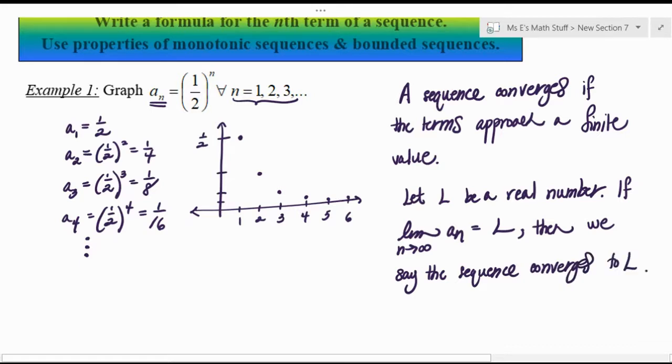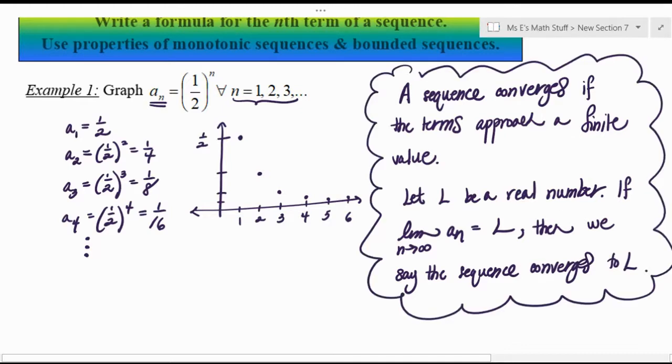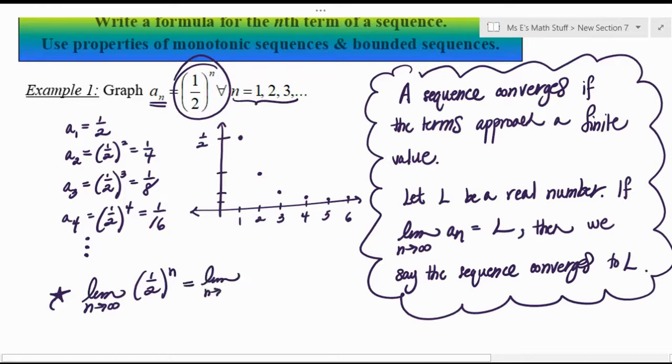Okay. So this is somewhat important. Just to make sure that we follow up on what that means here, in this example 1, let's point out that if you were to take the limit as n approaches infinity of the way that the terms were defined, so 1/2 to the n, what would you get? Would you get something real and finite, right? You could say it just equals 0, or you could distribute the nth power.